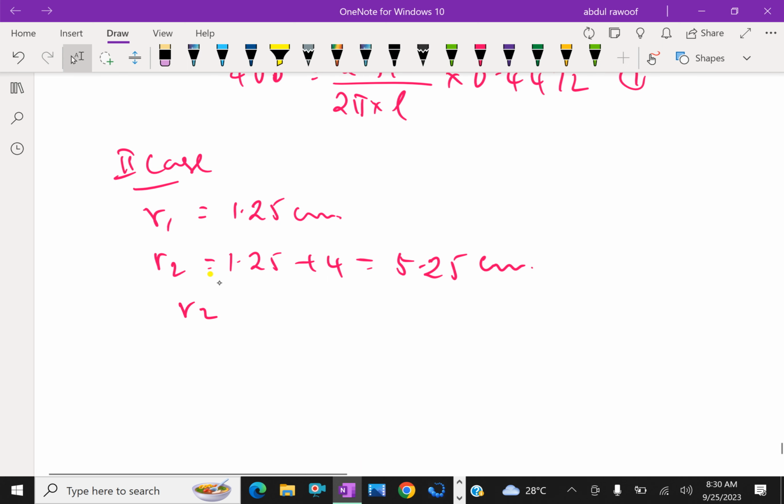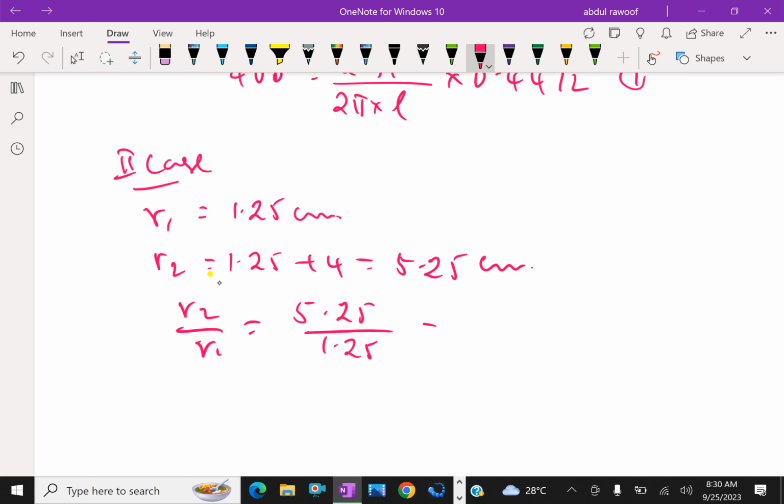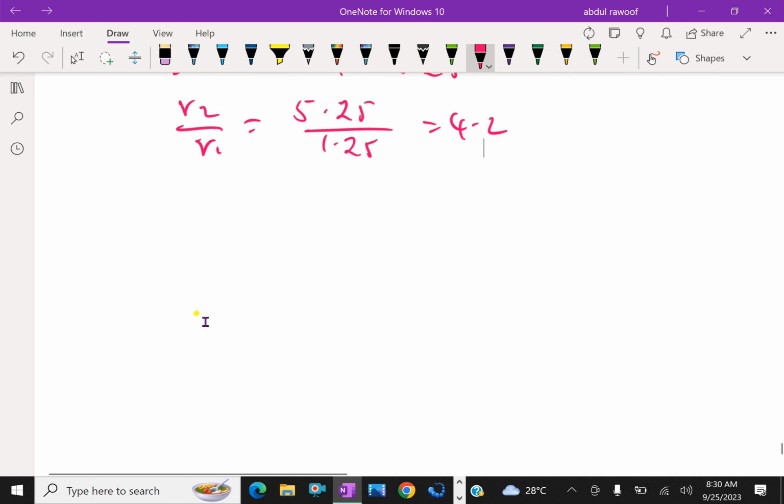Then the ratio R2 by R1 is 5.25 over 1.25, which is equal to 4.2. Then taking log base 10 of 4.2 equals 0.6232.